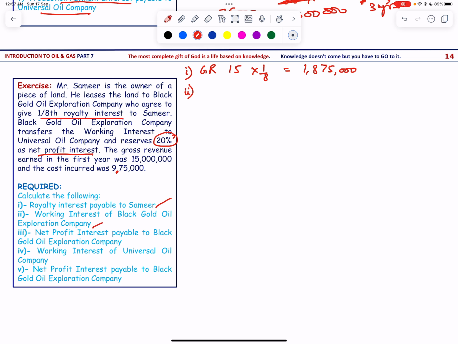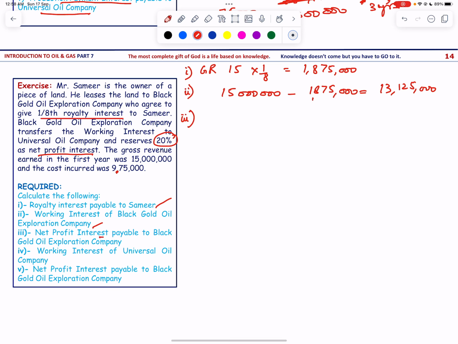So we have the gross revenue of 15 million, and from this we are going to subtract the royalty interest we have already paid, and the balance amount will be equal to 13,125,000. We go to part 3.